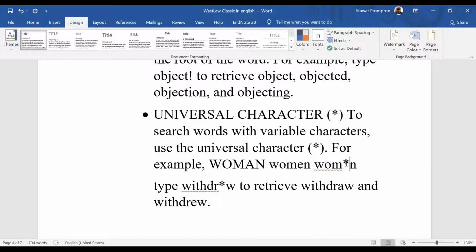So just use this asterisk, so it can be A or spelled with E. If it's other characters, you have to consider them.